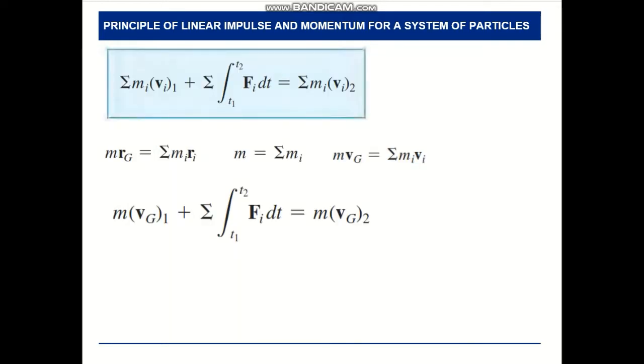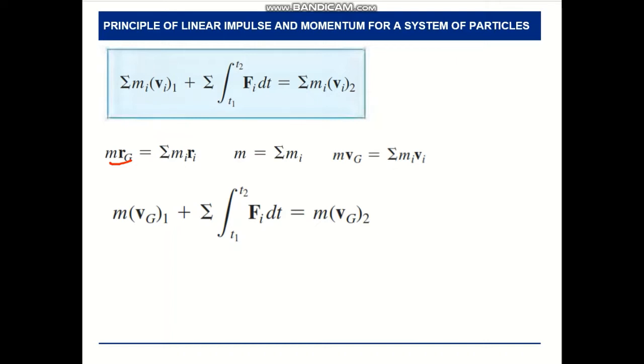From our physics knowledge, we know that we can calculate the center of mass, which is m multiplied by the center of mass position, is equal to the sum of each mass times its position, each distance to each particle. We know that the total mass is the sum of each of these particles.